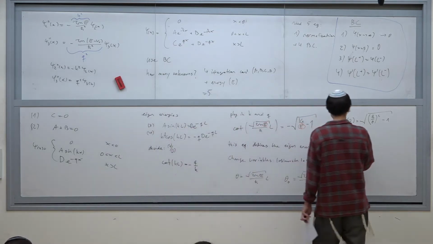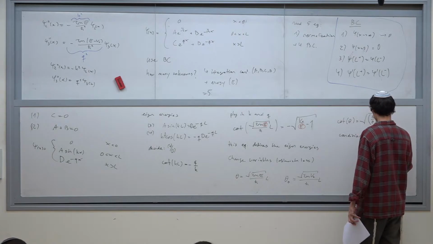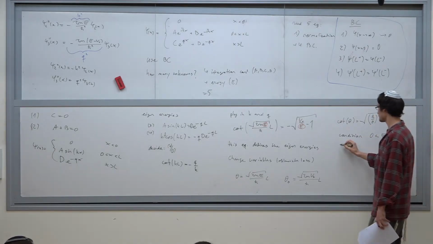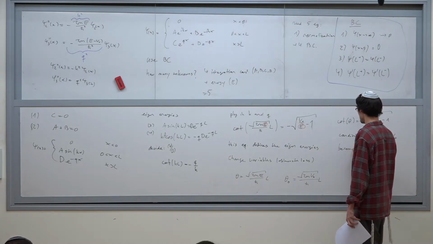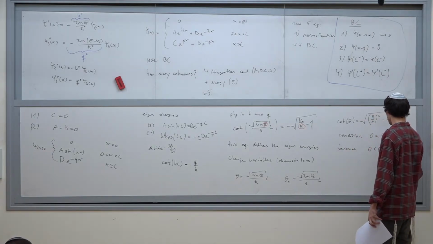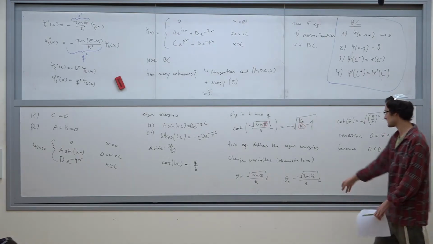Now the condition that the energy must be between 0 and V0 just becomes the fact that theta must be between 0 and theta 0. That's obvious.